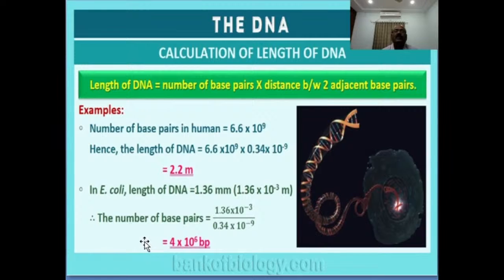So DNA length we can calculate by number of base pairs into distance between two adjacent base pairs. The distance between two adjacent base pairs is 0.34 nanometers or 3.4 angstroms.